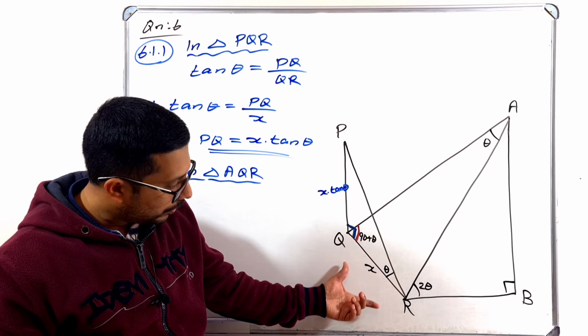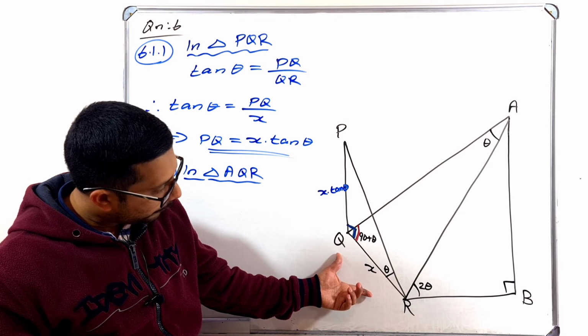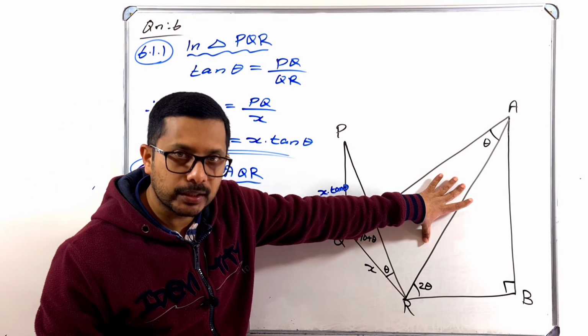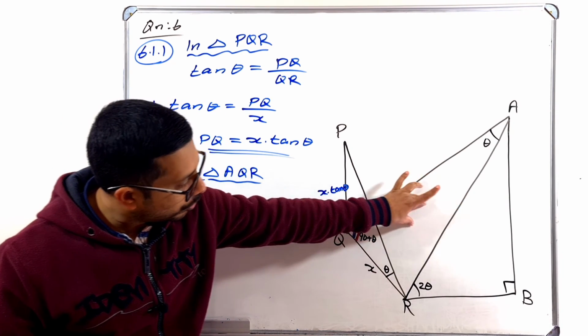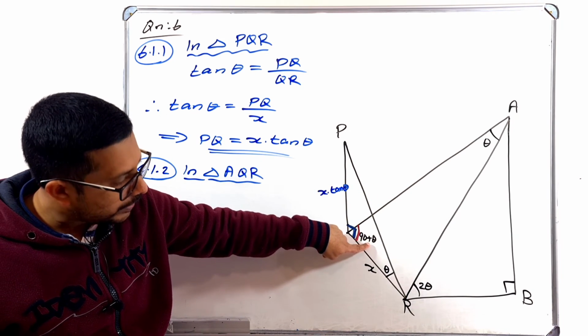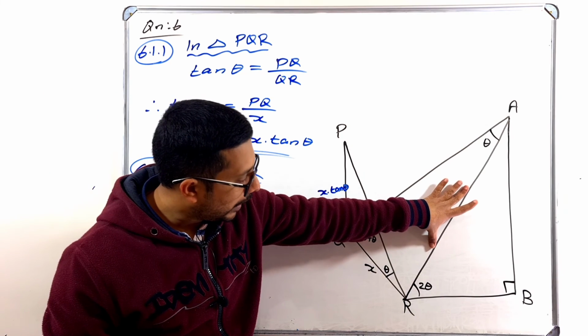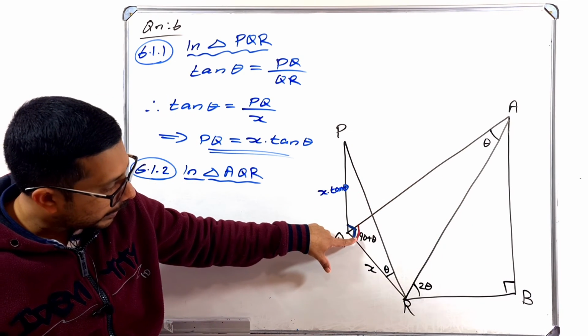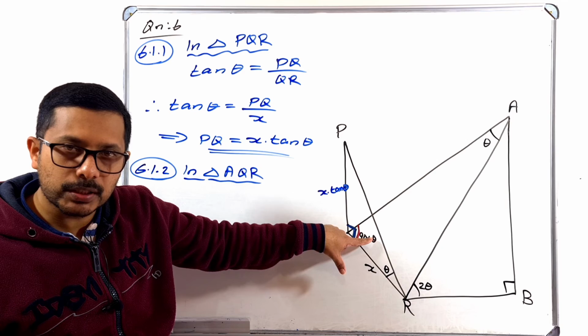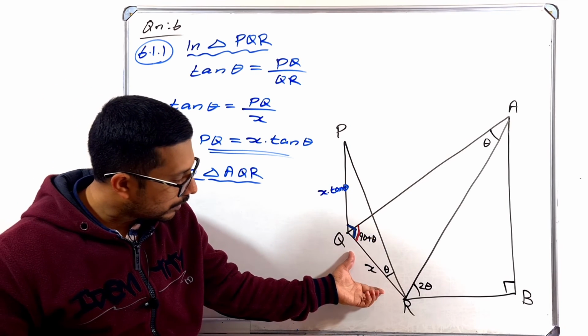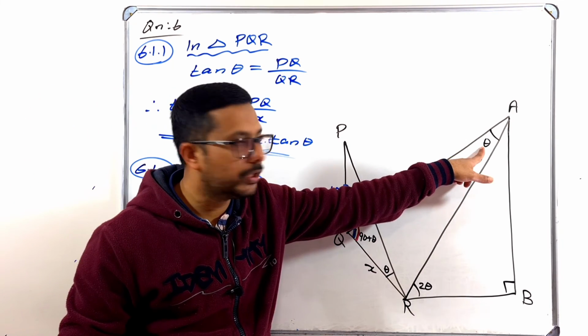We have to find AR, am I right? And do we know the opposite angle? Yes, 90 plus theta in AQR. The opposite angle of X we know is theta.